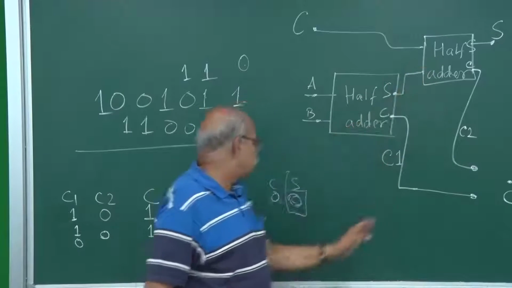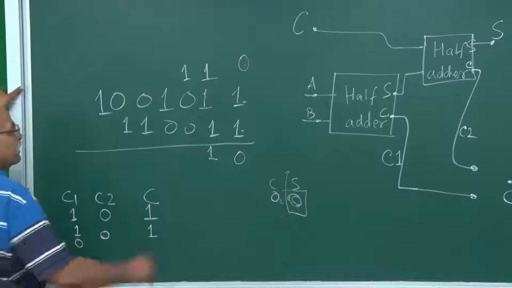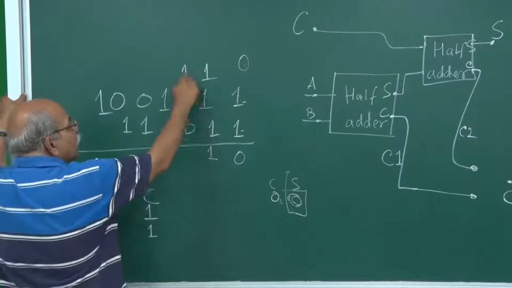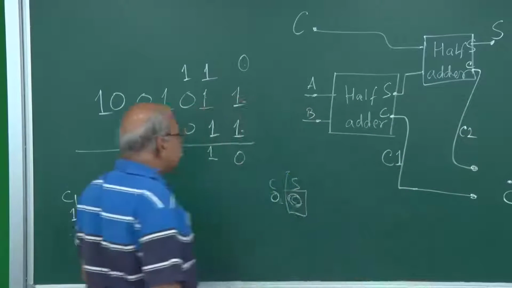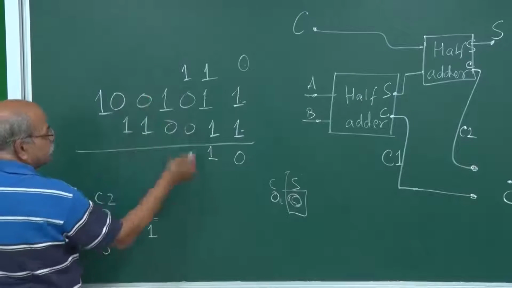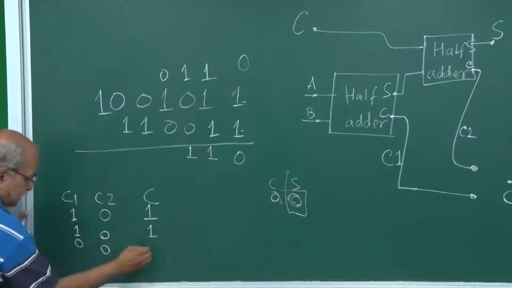The sum is 0 and the original carry is 1. So what will be the carry? 0 and 1, the carry will be 0. So this will be 0. And what is the final carry here? This will give you 0 and 0 carry, so it is 0.